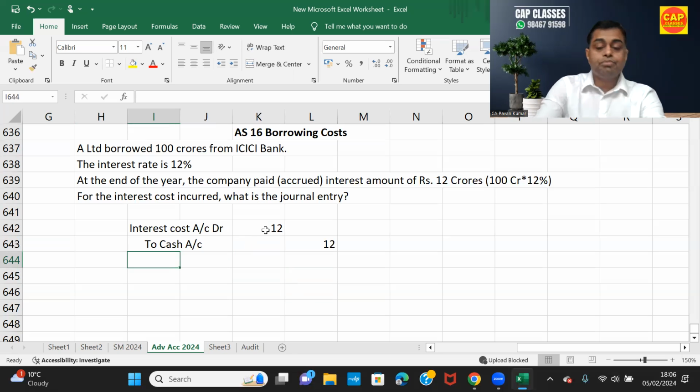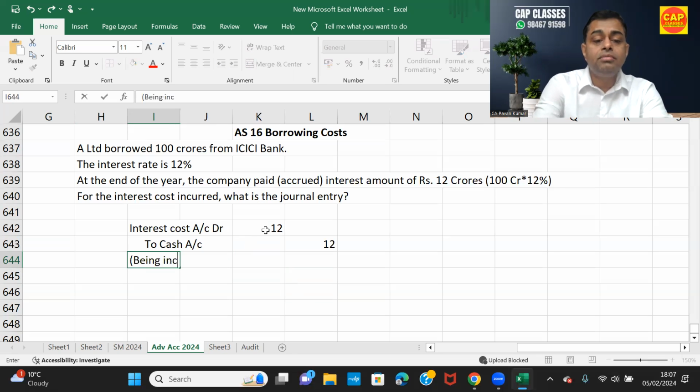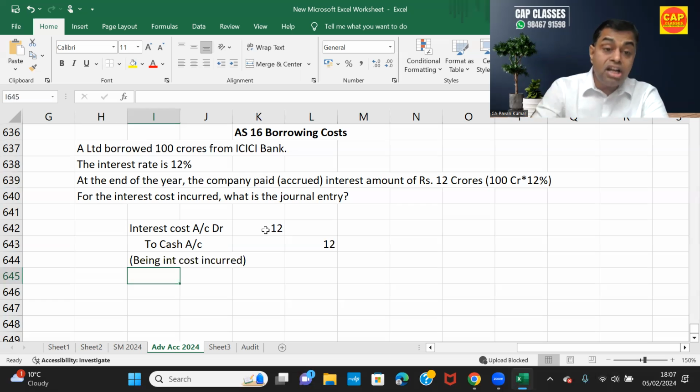Being interest cost incurred. Now at the end of the year, when you are passing closing journal entries, what will you do to this?